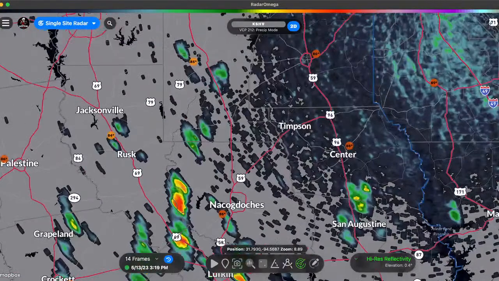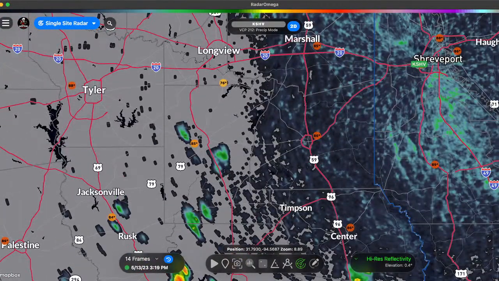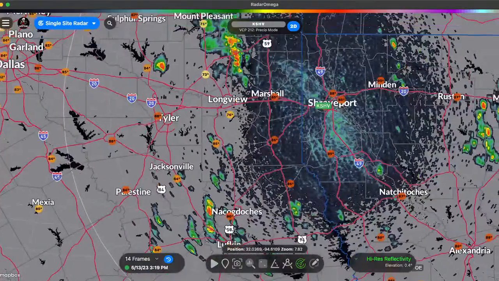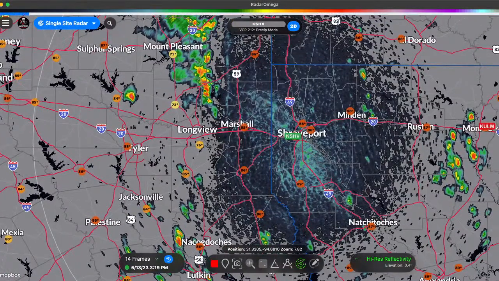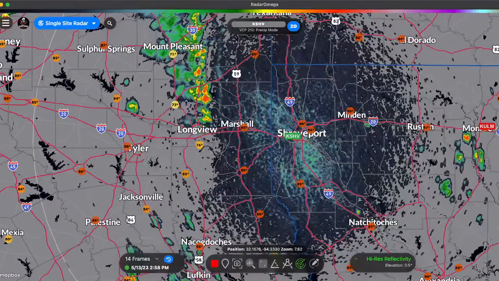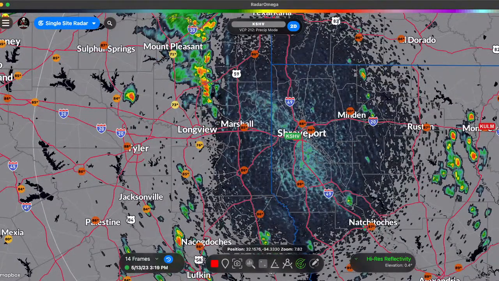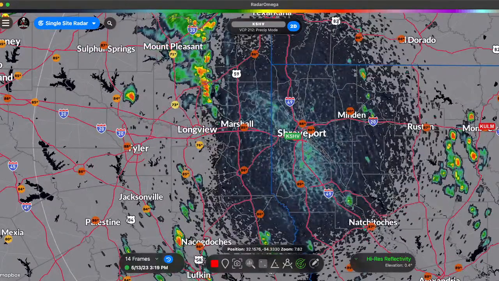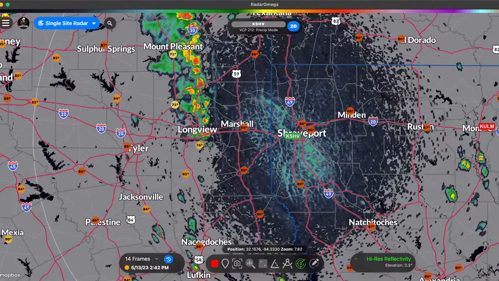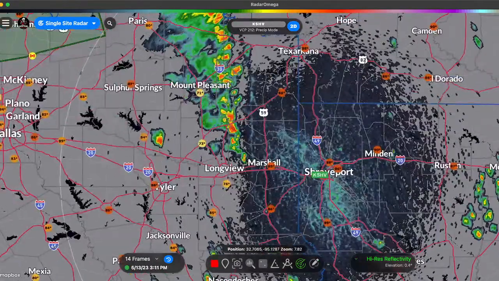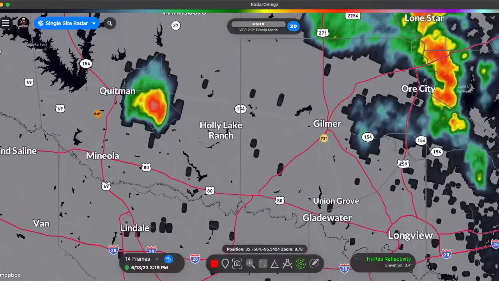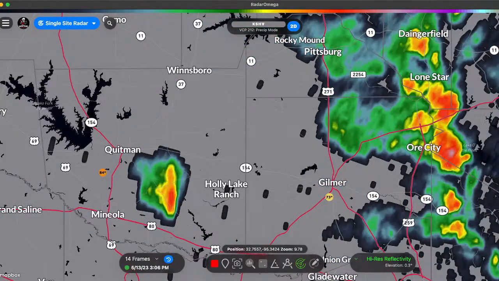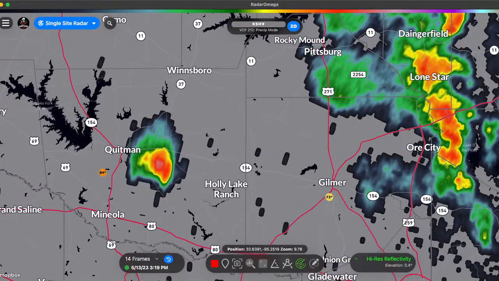I'm watching for any of these storms to develop into something, but right now they're just not. Let me put these things in motion. I'm looking for a single cell that's by itself, kind of like this one right over here by Mineola and Quitman. That one I would be watching.